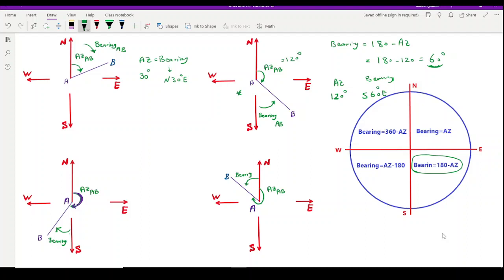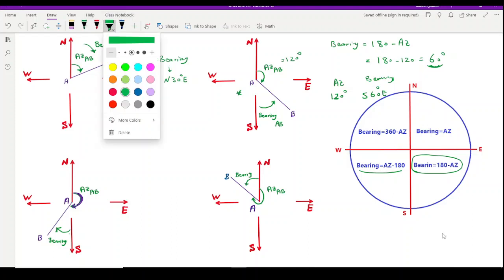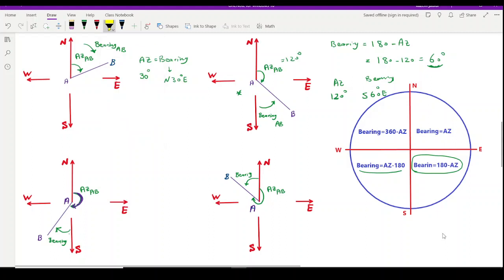Let's go to the third quadrant, which is southwest. For southwest, the equation in order to calculate bearing is azimuth minus 180. Again, if I just very quickly show you guys in here, you can see that this is our azimuth.